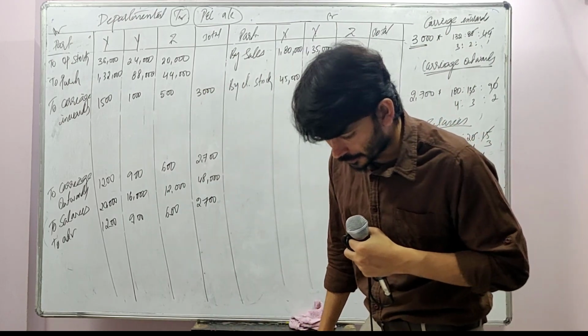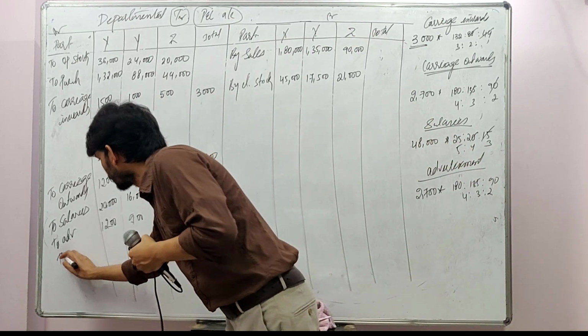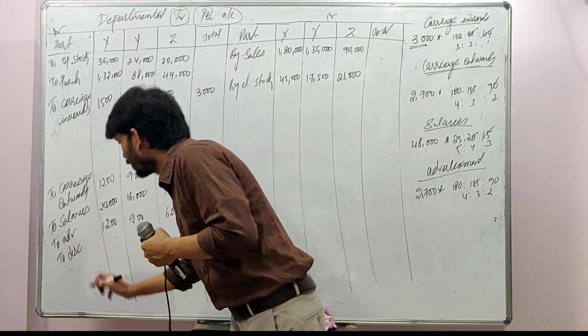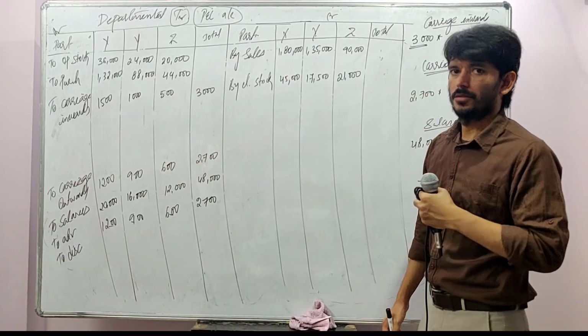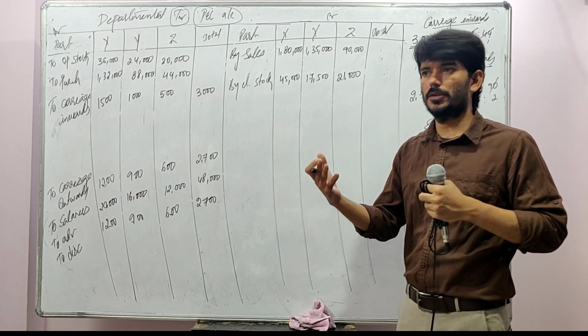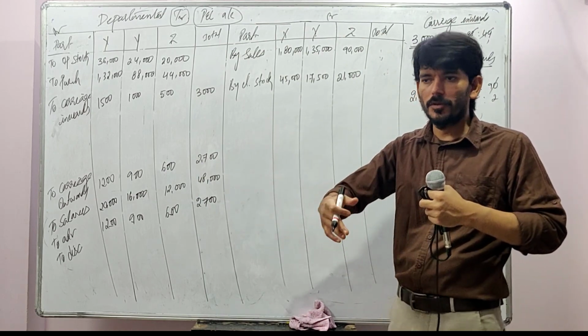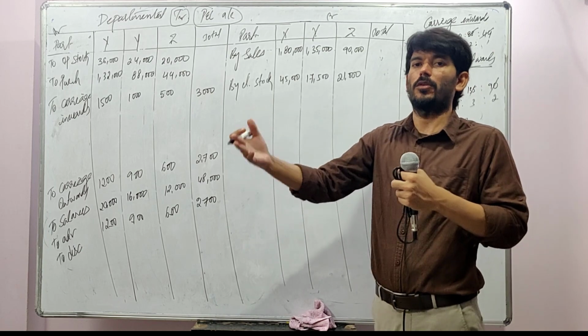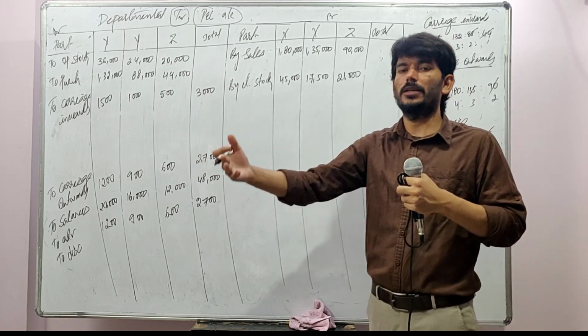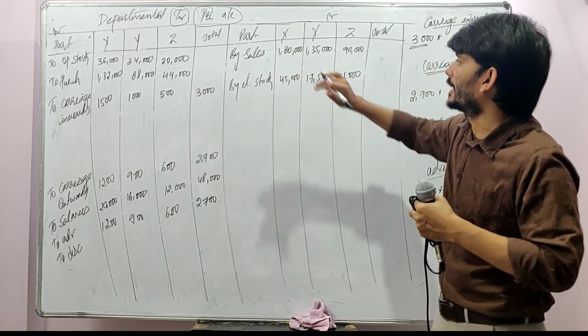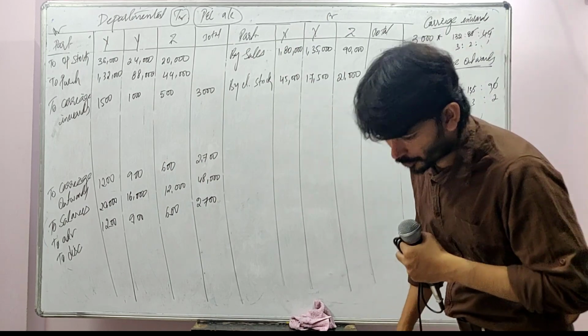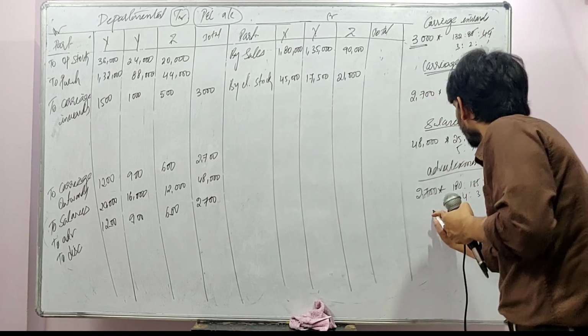Discount allowed 2250. When you are giving discount, you will give discount if you are making a sale. If you are making more sales, you will give more discount. So discount given is based upon your sales again.